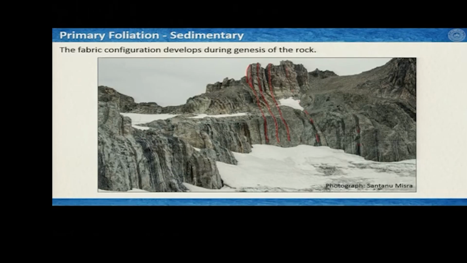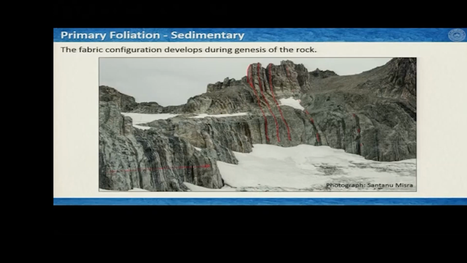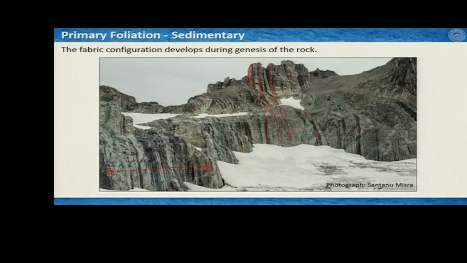So, this is your sedimentary primary foliation. Now, at this stage I would like to very briefly guide you on how to identify these primary foliations in the field. First of all, you see that across the foliation you have different colors. The foliations are defined by different colors and therefore different compositions.